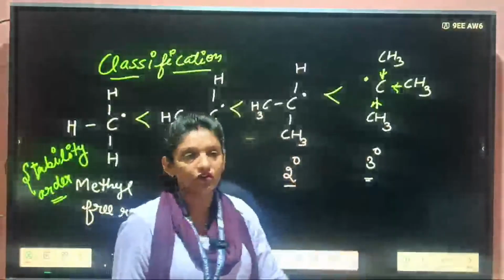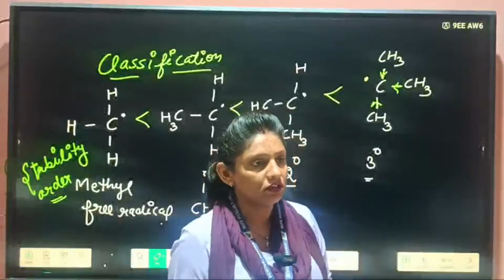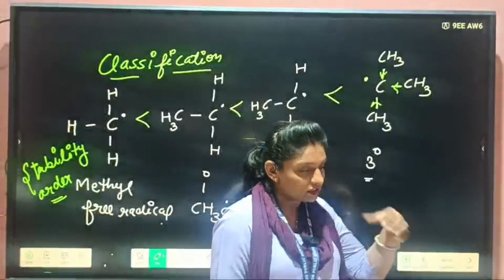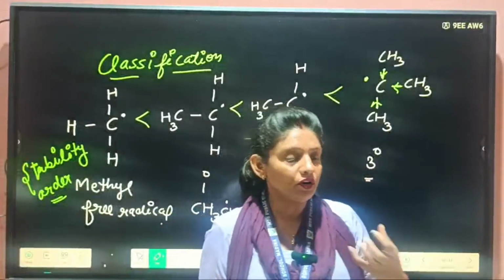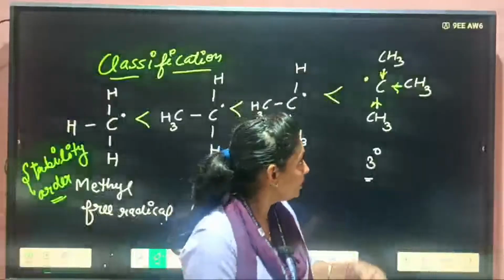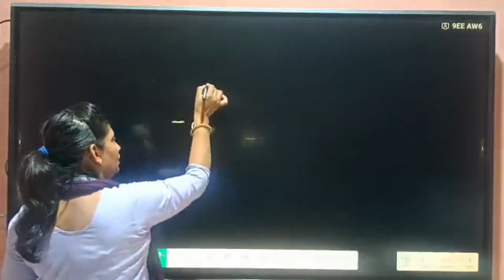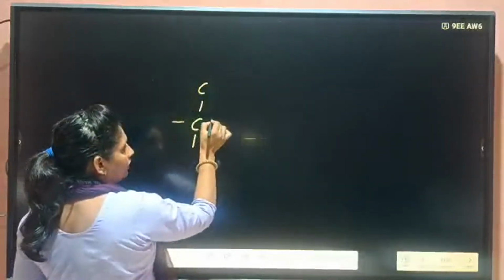And the other factor was hyperconjugation. What were the important points of hyperconjugation? There should be an alpha carbon.